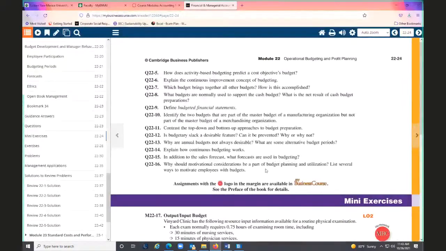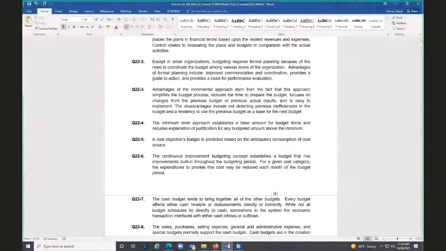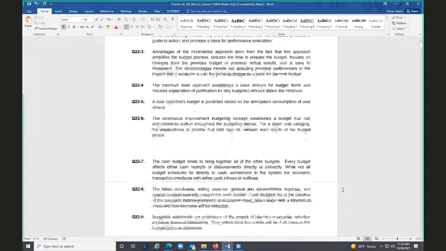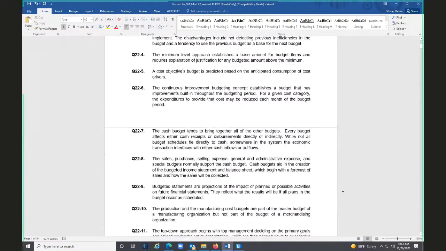Okay, now what about the budgets that are normally used to support the cash budget? What's the result of the cash budget preparations, and what about budgeted financial statements? Well, the sales, purchase, selling expenses, general and admin, and other special budgets are going to go under the cash budget.